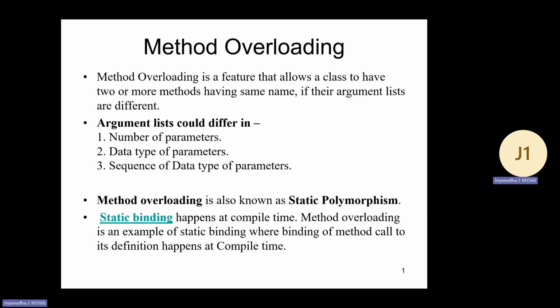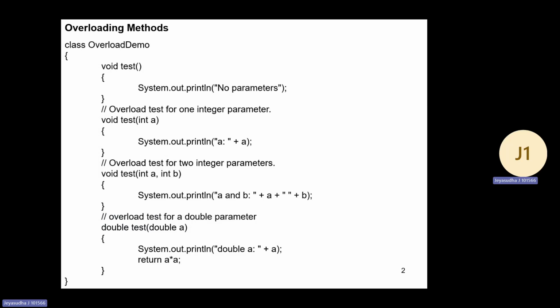Method overloading is also sometimes called static polymorphism. The static binding happens during compile time. So when we do method overloading, it's an example of static binding. It will happen during the compile time. We'll start with a small program and then move on with other things.